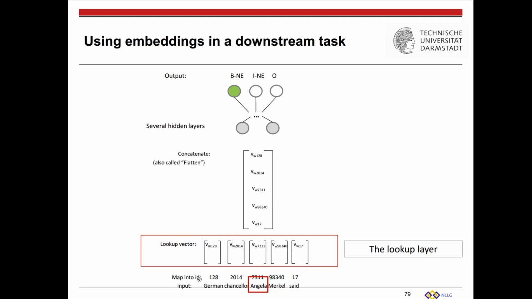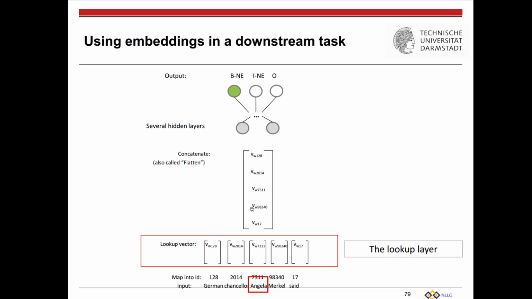We have an input sentence, and we do output classification on the top, where this is a 3-class classification. We have a sentence like German Chancellor, we would look up, so each word has an index. Then we have a lookup layer where we retrieve the embeddings for that word. So we get for each word the vector.